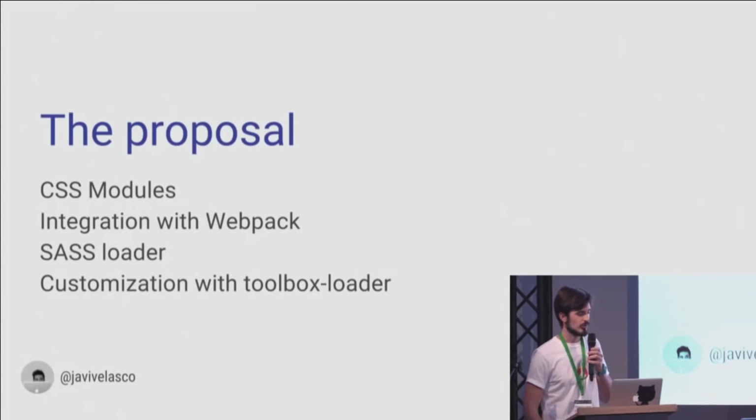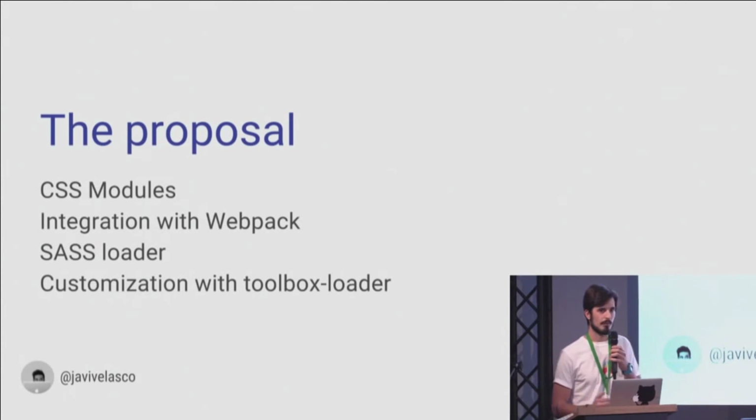So the proposal includes CSS modules and an integration with Webpack, which is pretty well known, and I'm sure that all of you are using in your current workflows. So as we are using Webpack, we can also include Sass Loader, so we can have better style sheets. And we faced also the problem with the customization thing.